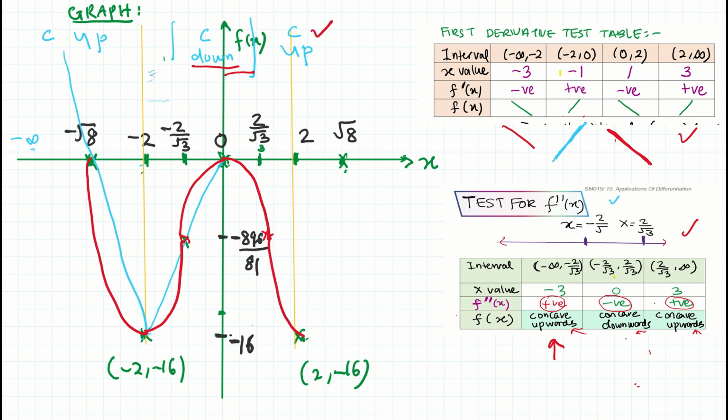From 2 to infinity, the function is increasing and the concavity is concave upward, and passes through the point 8, 0, the x-intercept. So the shape is like this.